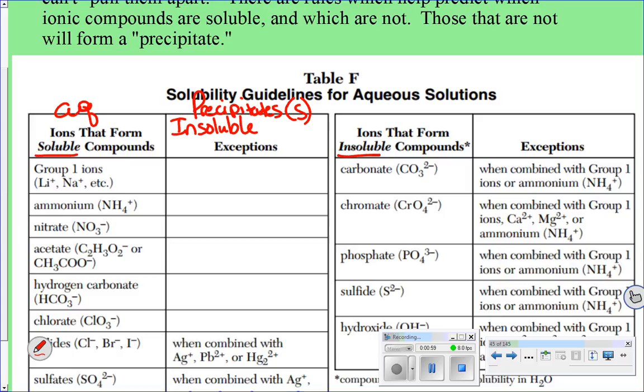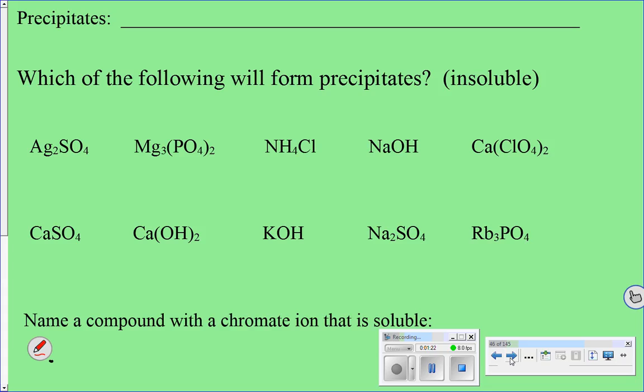Again, it's a little bit weird on this table because I actually put insoluble on the left. So these will still be precipitates, or solid compounds that form. The exceptions to these rules will be soluble and will form compounds in aqueous. So those compounds will not form a solid that you can see that will settle out to the bottom.